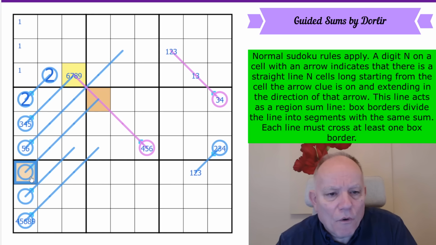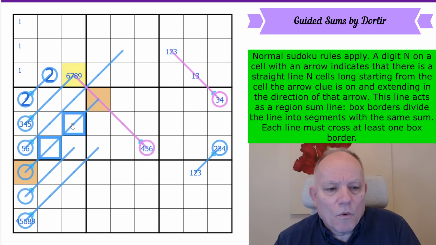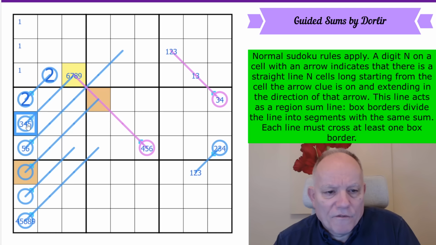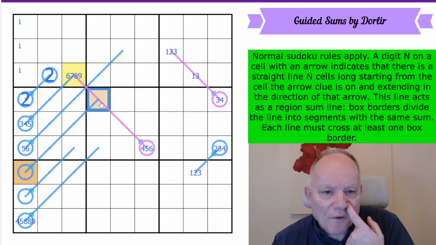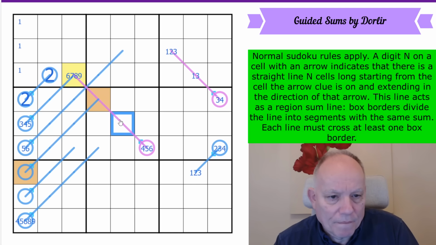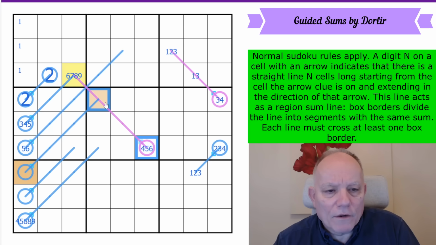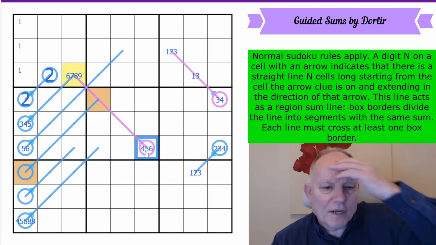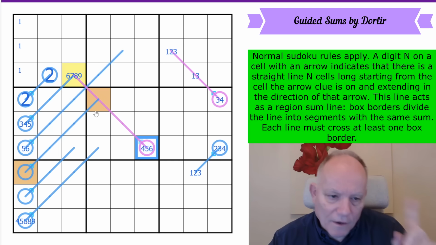If this was a 4, we've got a 1-3 pair here. 5-4-9. 4 there on the 9 line, and that doesn't work because you've got 4 there and a 5 and at least something there. Yeah, 4 here doesn't work for this line. No, hang on. That's all right. Putting a 5 here extends this line.